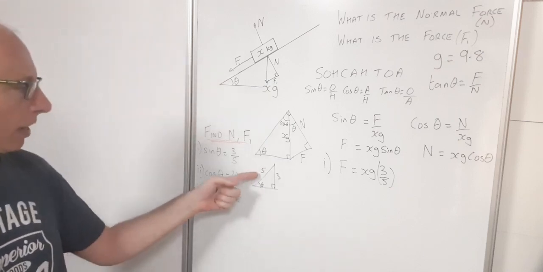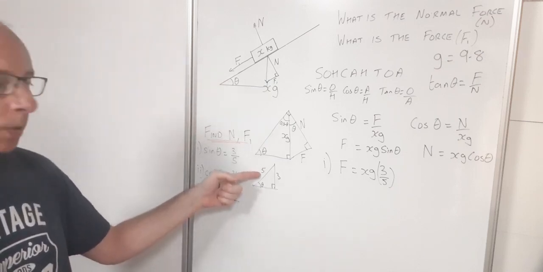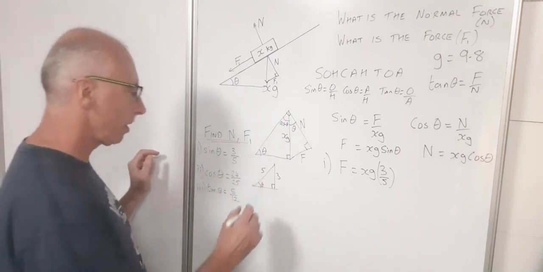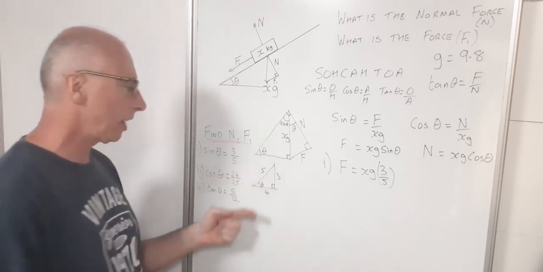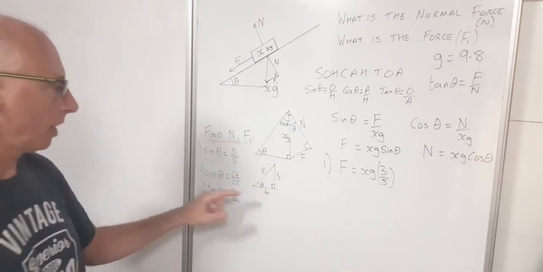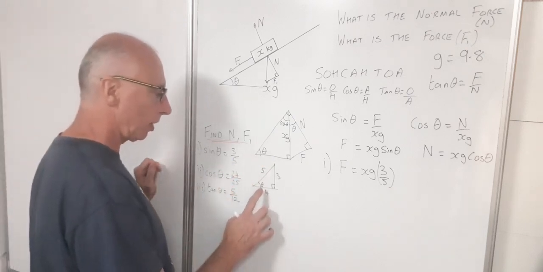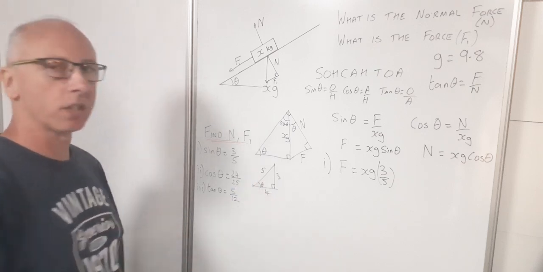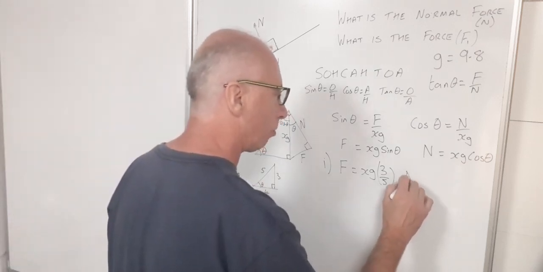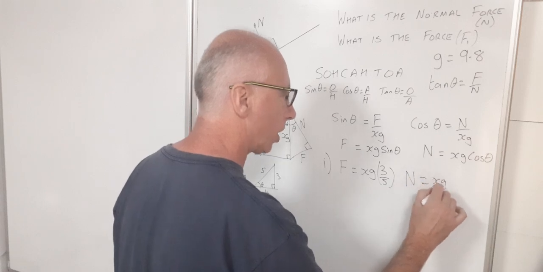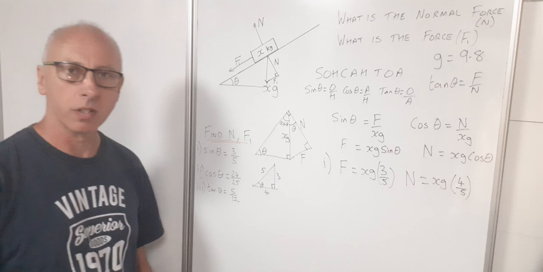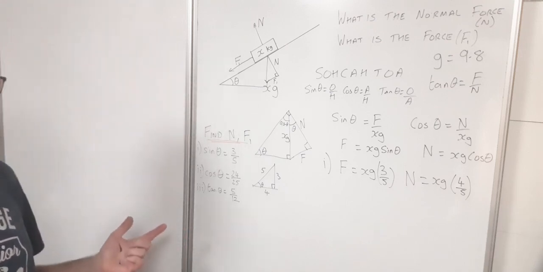Now by using Pythagoras, 5 squared is 25, 3 squared is 9, 25 minus 9 is 16, so that's going to give me a side of 4. And that's a Pythagorean triple. So therefore I know cosine theta is adjacent over hypotenuse, so that's 4/5. So there in part 1, my normal force is xg times 4/5. So that's how I can work that one out.